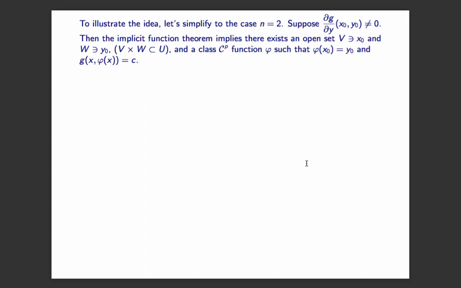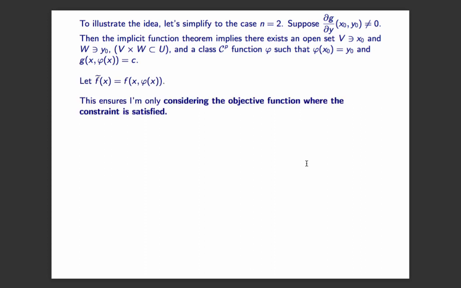In other words, x comma phi of x satisfies g of those values is equal to my constant. Another way of looking at it is that the curve x comma phi of x is in the level set of g at c.